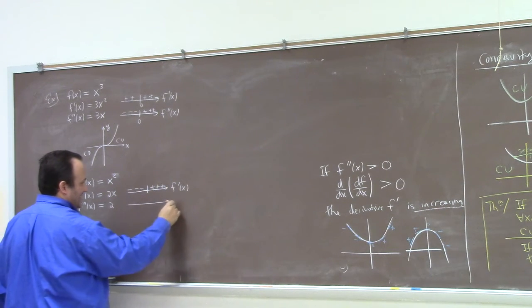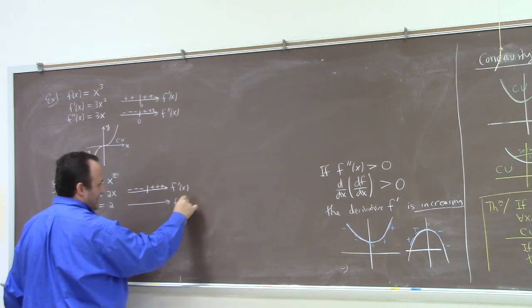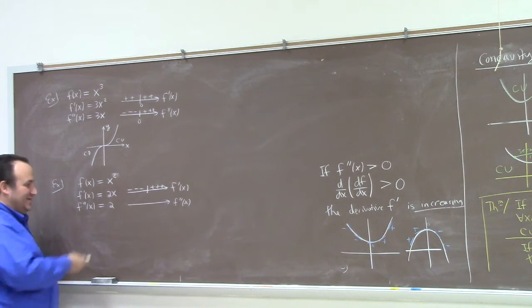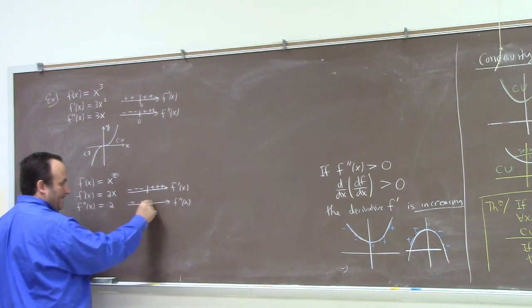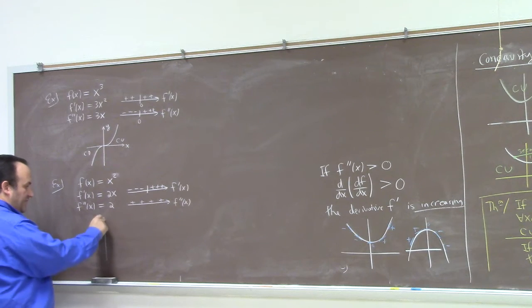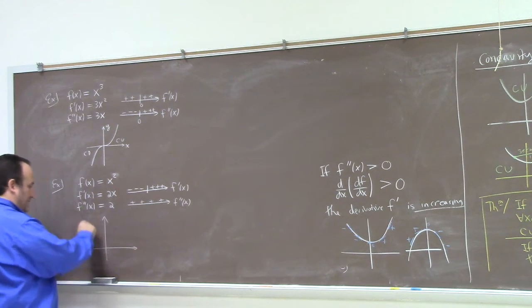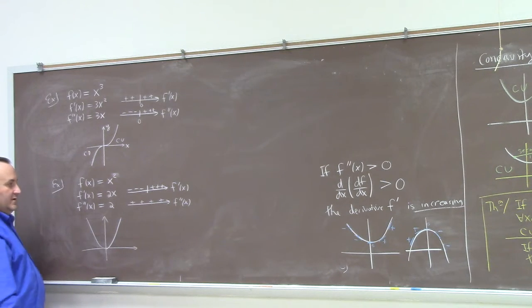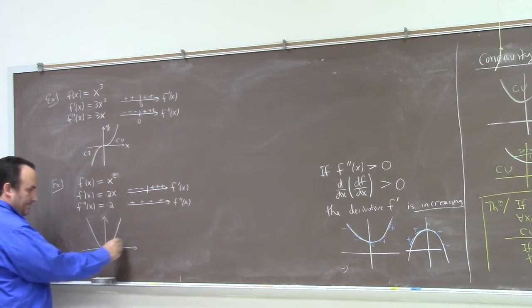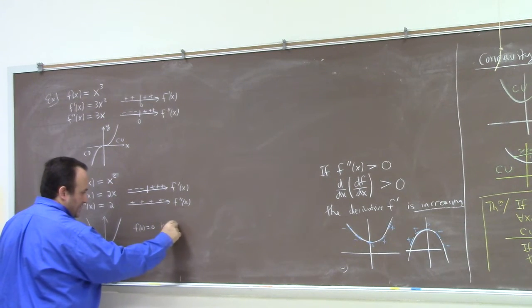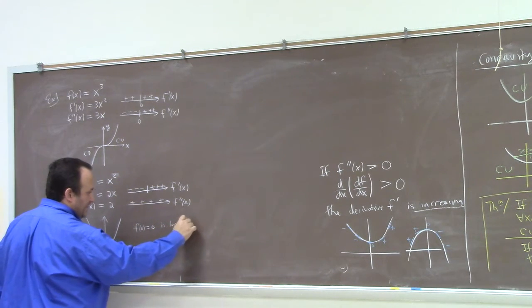And how about f prime prime of x? There's no place at 0, right? It's just always 2, right? And so we already know the graph, right? It's x squared. So f of 0 is what? It's a local, indeed a global, minimum.